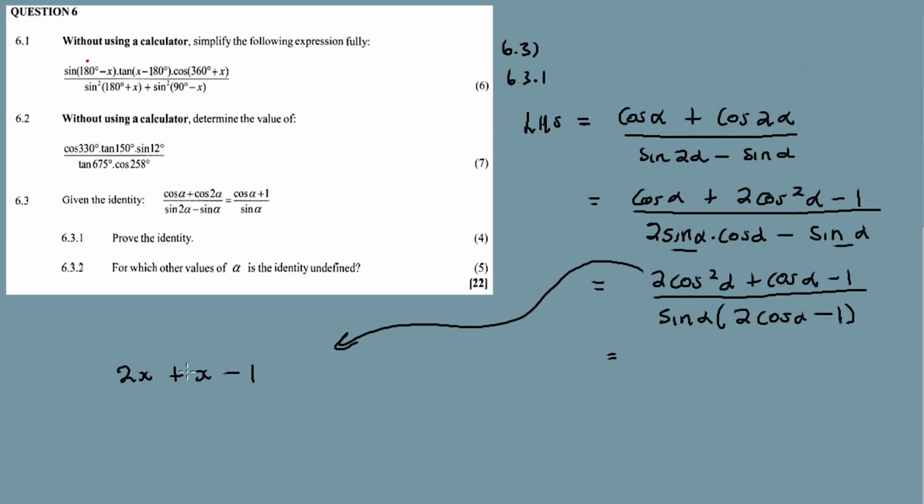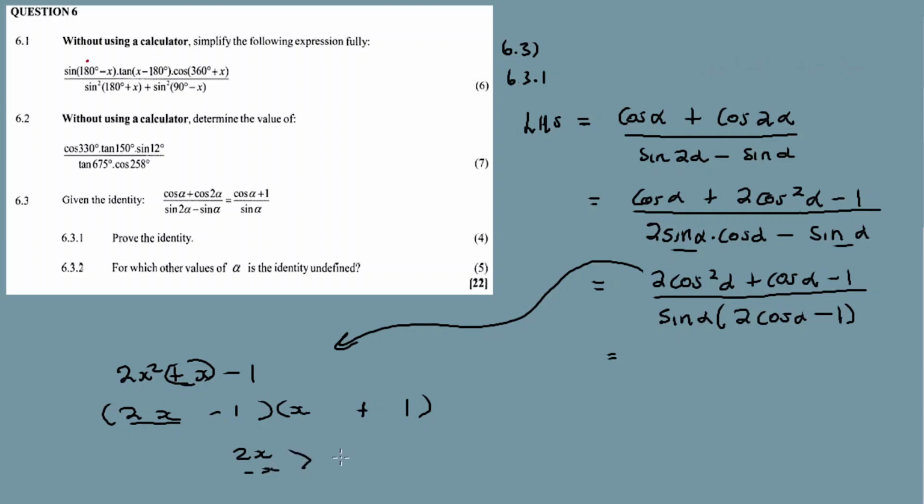So in other words, I'm representing cos alpha as x. If you were to factorize this trinomial, you say 2x and x, with plus 1 and minus 1. Let's check that the middle term comes out: 2x times 1 gives 2x, minus 1 times x gives minus x.